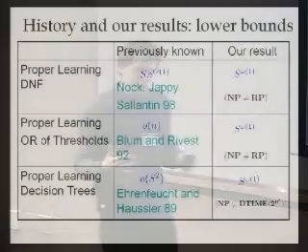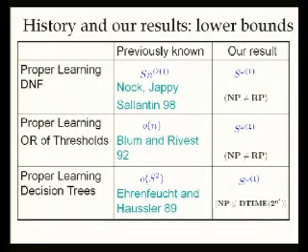But it's not clear how to transform this sum of low-level characters into a decision tree or into a DNF. And the nature of our algorithms comes from a completely different notion, and the algorithms are completely different. That's why they are proper.